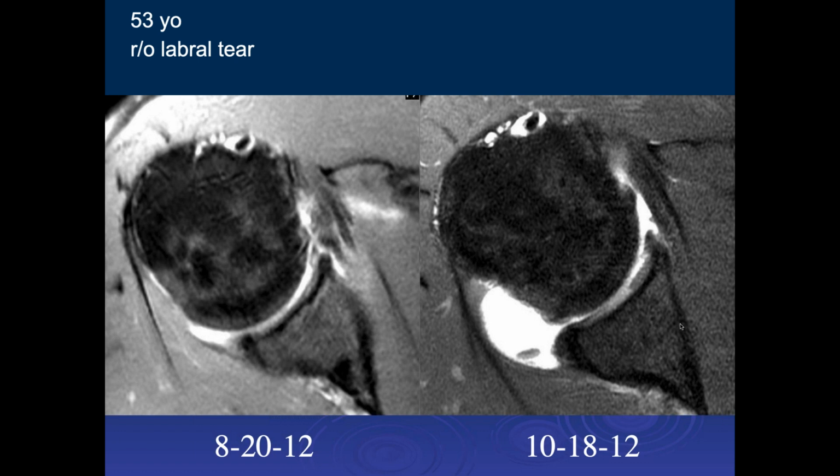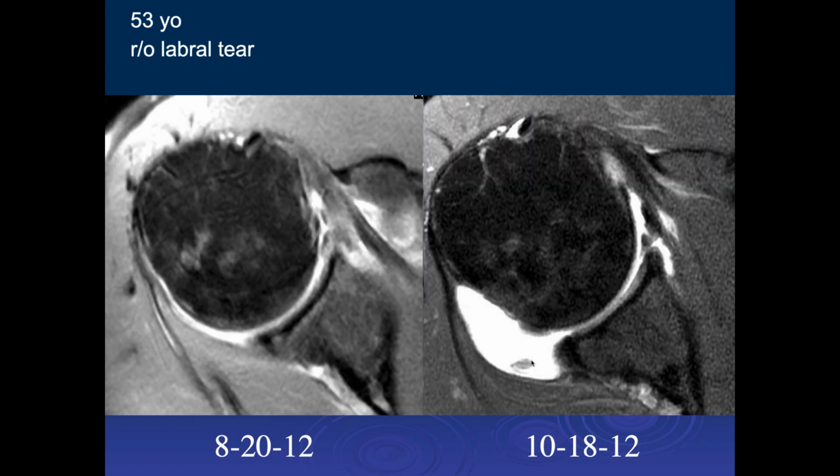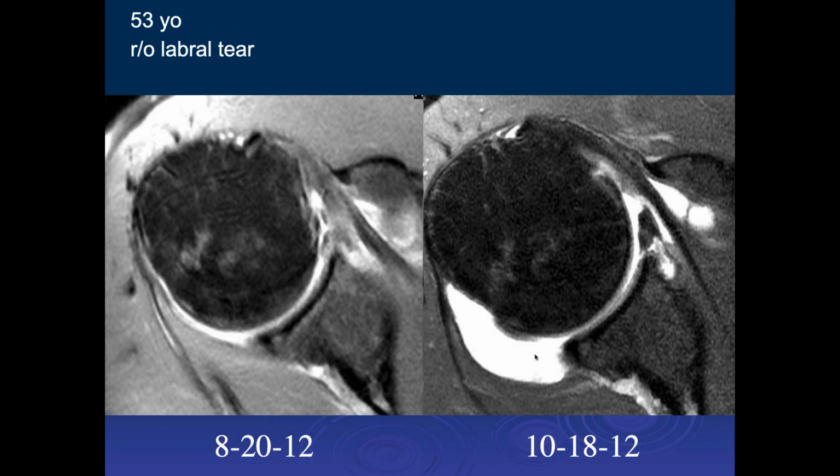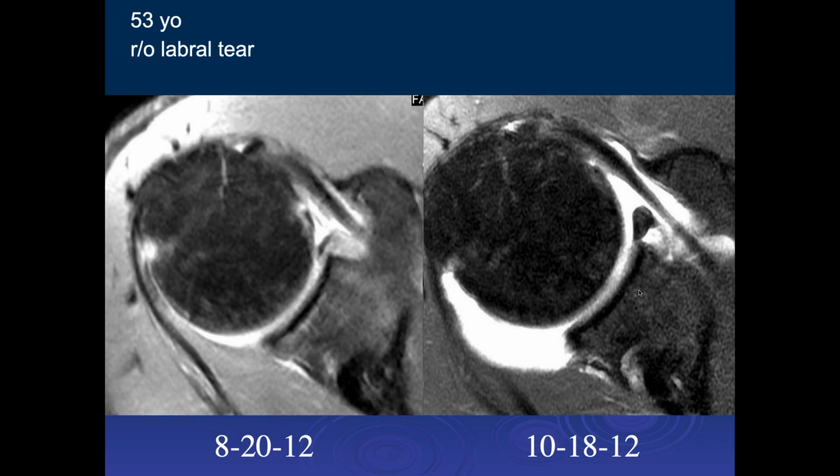I'm not sure if it's just the slice. What do you think about the articular surface? That's a piece of the surface right there, probably an avulsed piece of cartilage. Okay, so there we can see a full thickness tear extending through the anterior labrum.